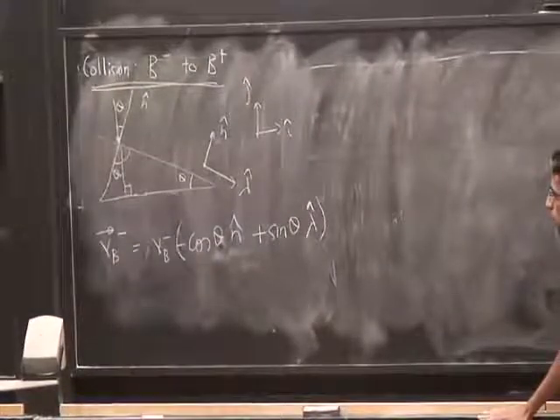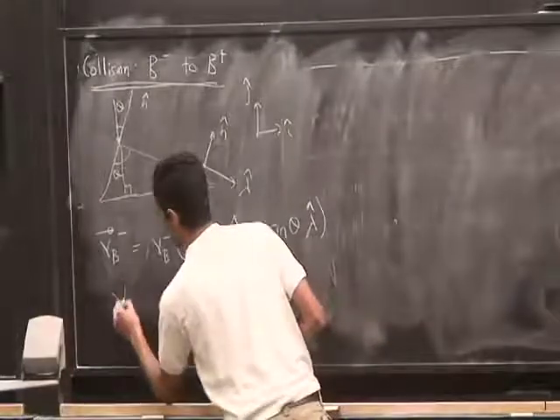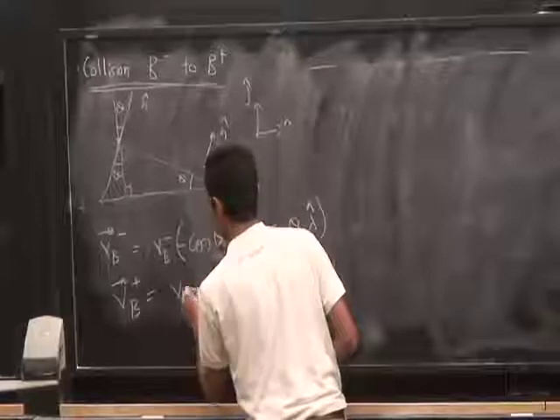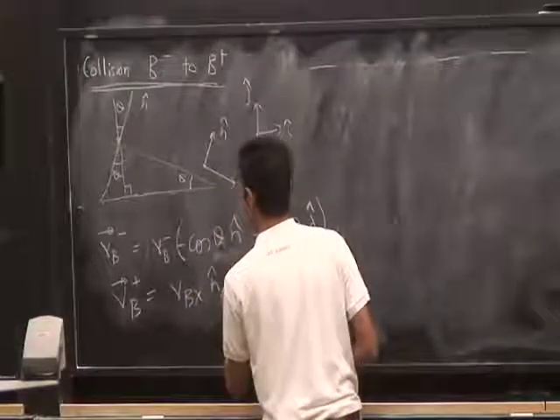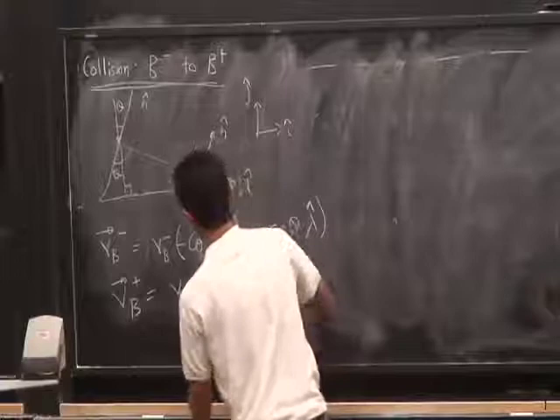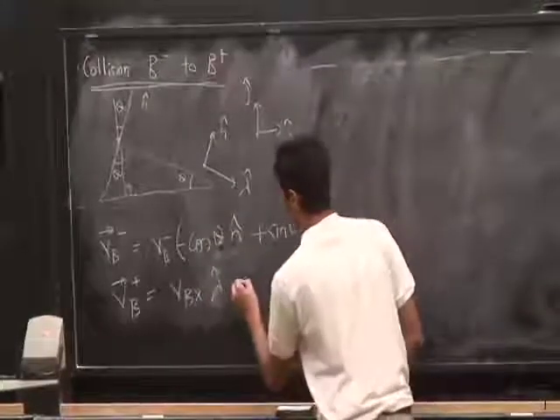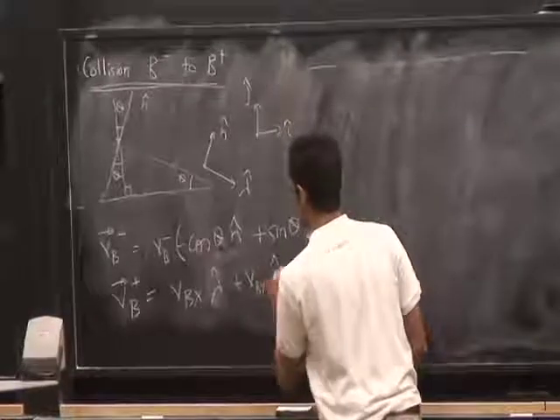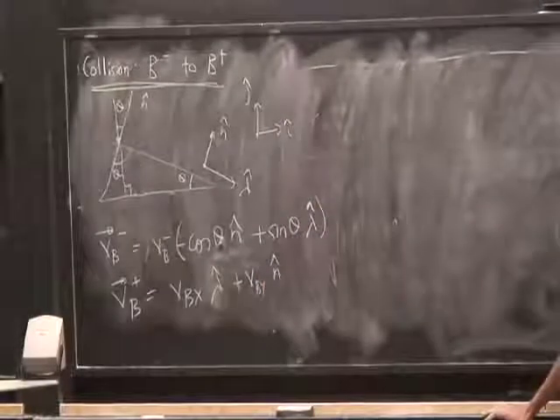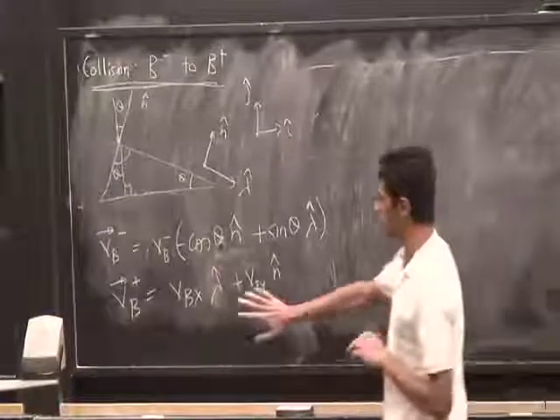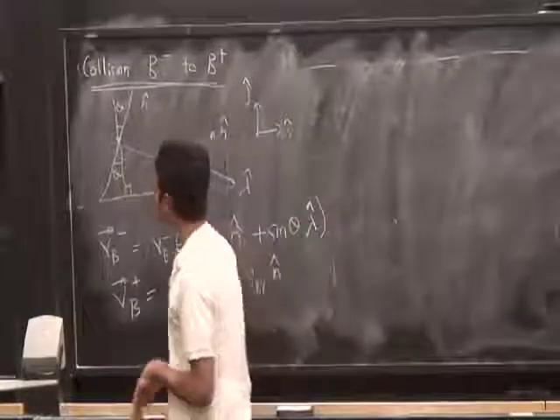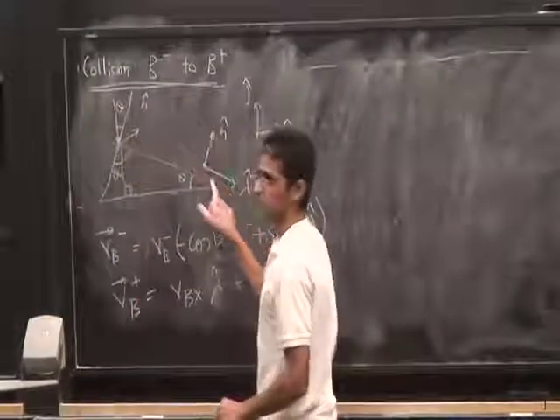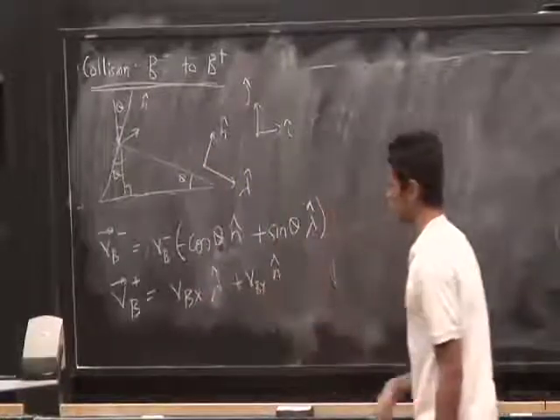Let's say that the velocity after collision is vBx along lambda, and vBy along n. Now the goal is I need to find what vBx and vBy are, because once I know them, I can find what the distance is, based on that information.